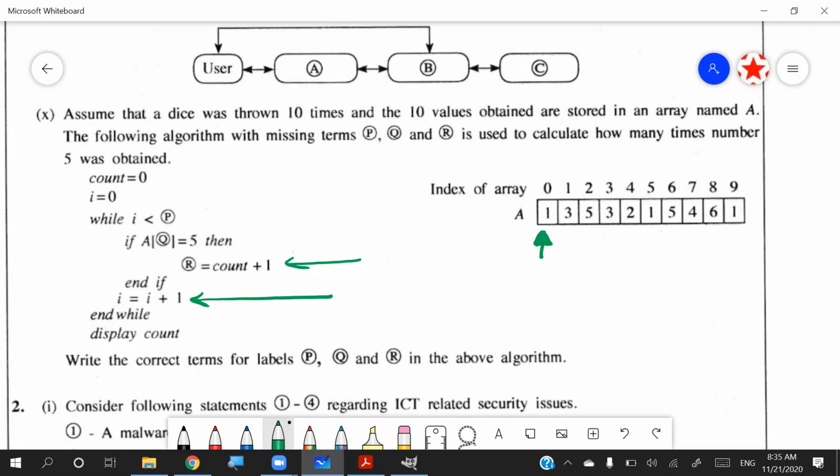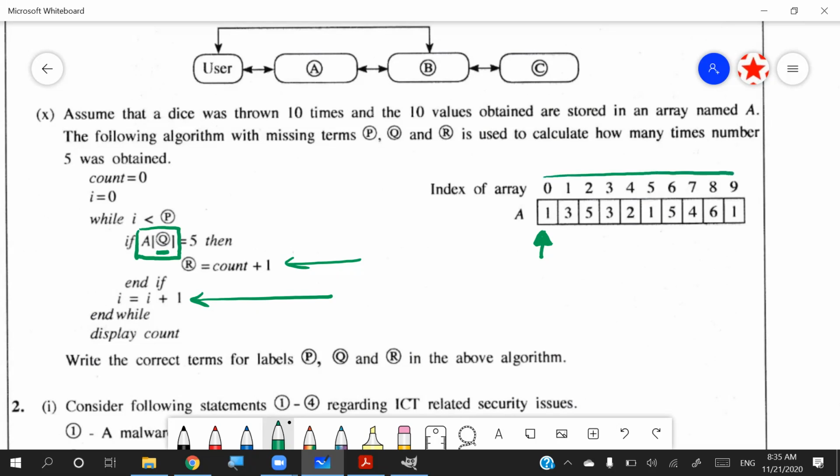Here they have used Q inside the square brackets. So this refers to your array. What is going to be inside the brackets defines the index.